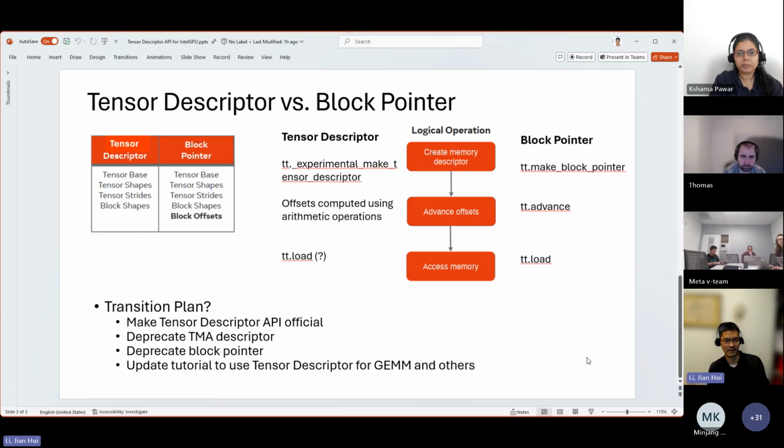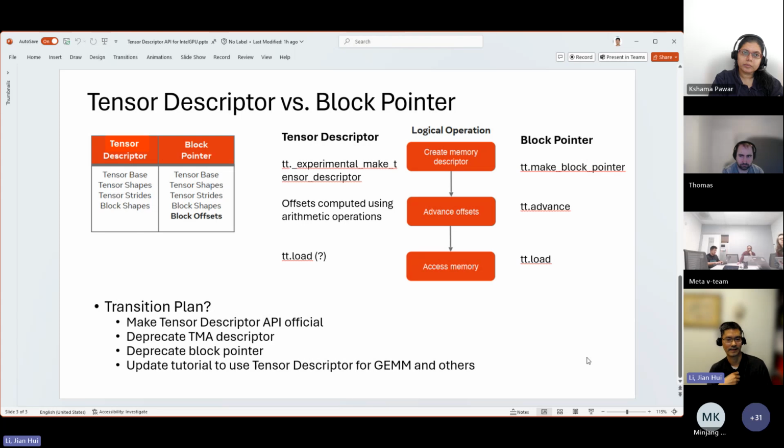Should the block pointer be removed completely? One observation is that the block pointer actually has a lot of similarity with the tensor descriptor. So one question is how Triton will treat the block pointer: whether to just get rid of it, or whether the tensor descriptor will eventually evolve to be something like a block pointer.